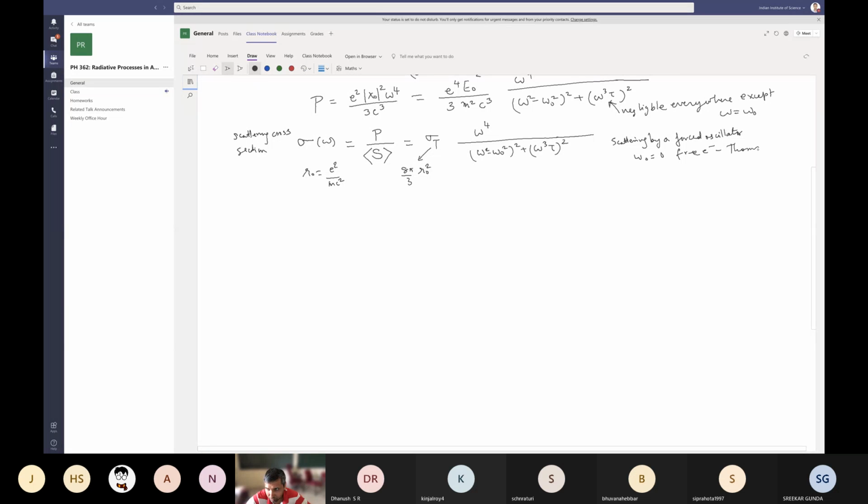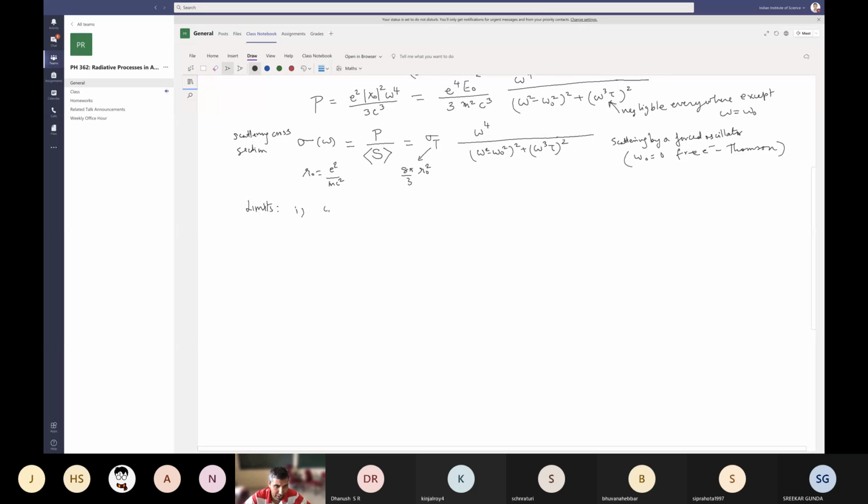But here we are allowing the electron to be bound within a molecule, for example, so that it has its natural frequency, which is non-zero. So this is how the scattering cross section looks, and let's look at various limits. What are the various limits?